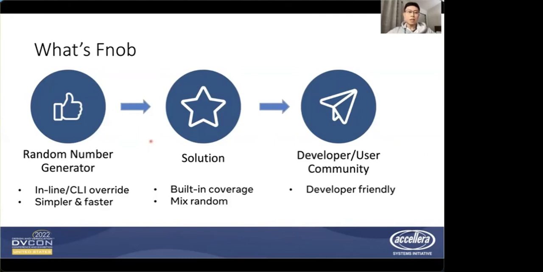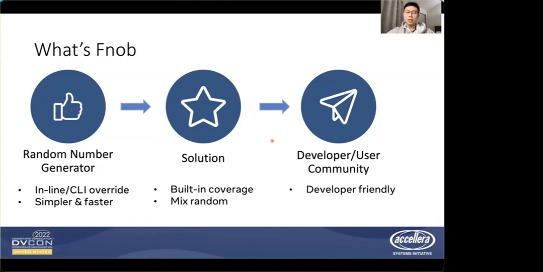Besides that, Fnob is an end-to-end solution. It also provides built-in coverage to give users an early peek at the coverage on the stimulus side. It also offers mixed random, which basically means you can mix different types and values in the same one-line definition, which makes the coding much more efficient.